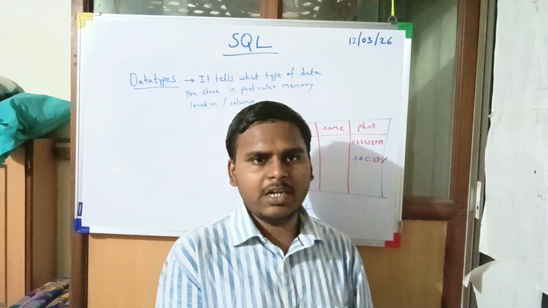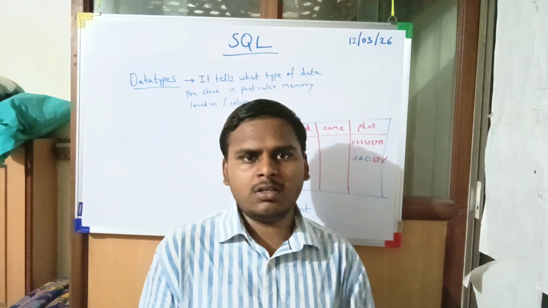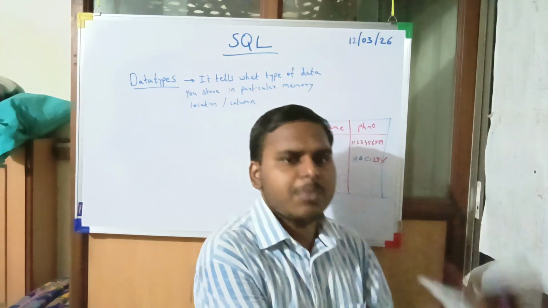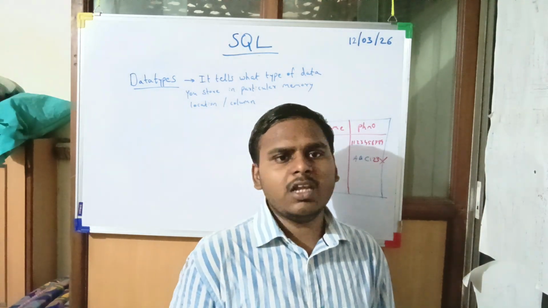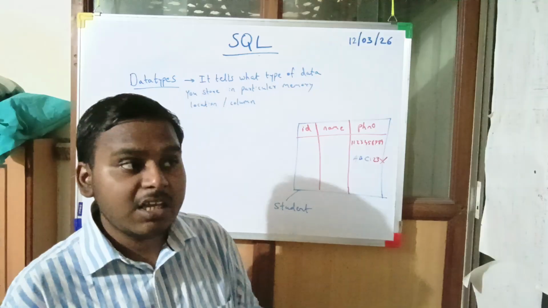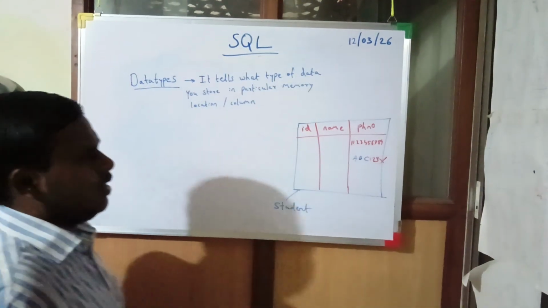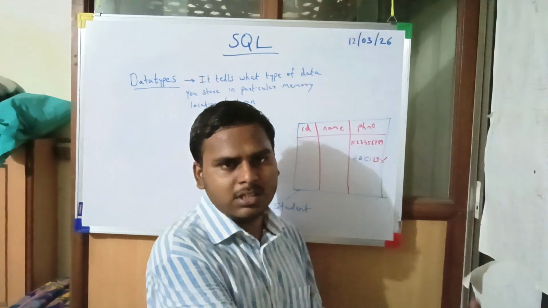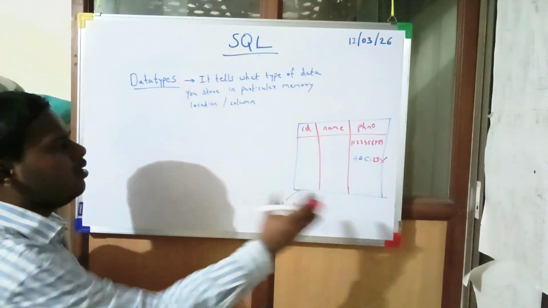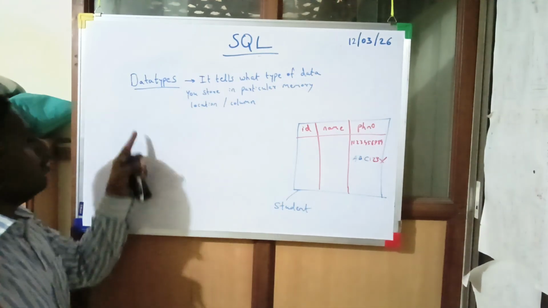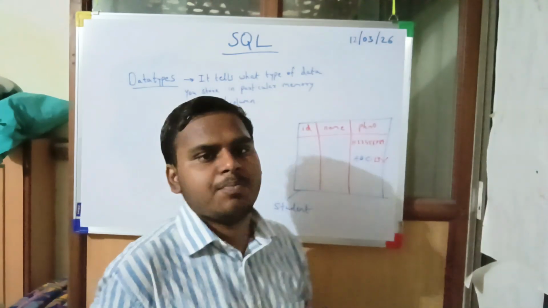This compartment is for ladies, this is for specially abled persons, this is for luggage, this is for the general section. A luxury section is also there in AC trains. Something is fixed and defined already, that this type of customers can only sit here. Similarly, in a particular column, only a particular type of data can be stored. For that we need to mention the data types. That's why data type is very important.